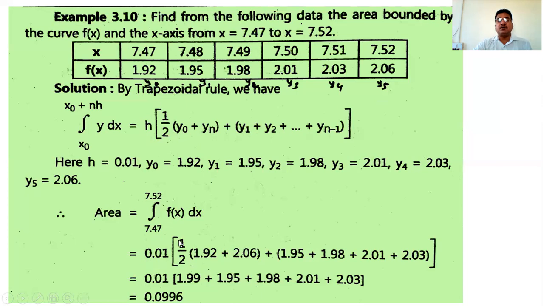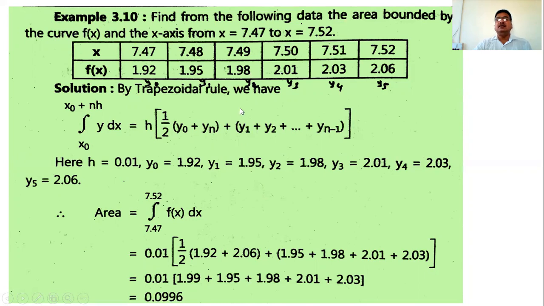So don't write the general formula, write the formula for this particular problem. So what is it? H by 2 in bracket y0 plus y6, plus 2 times the remaining y1 plus y2 plus y3 plus y4, and then count the answer. We get the answer 0.0996. So this is the area bounded by the curve fx and the x-axis from 7.47 to 7.52.